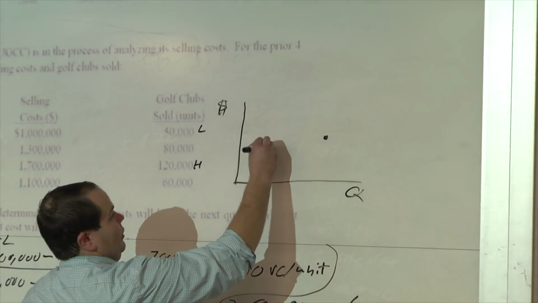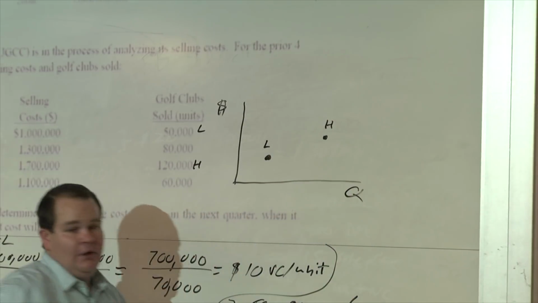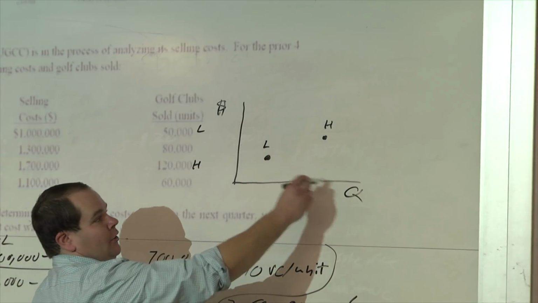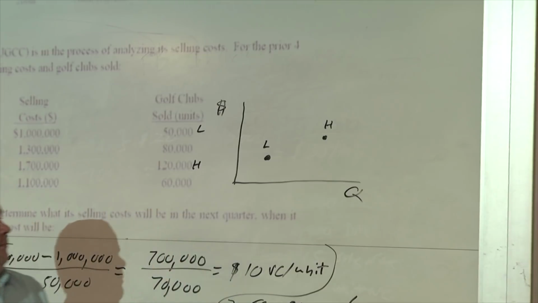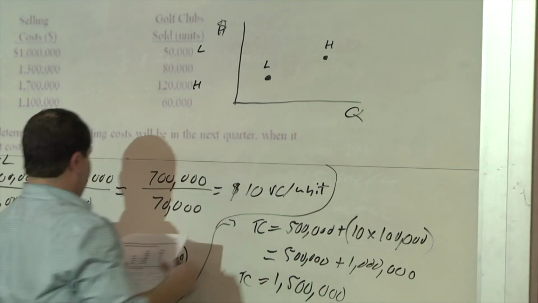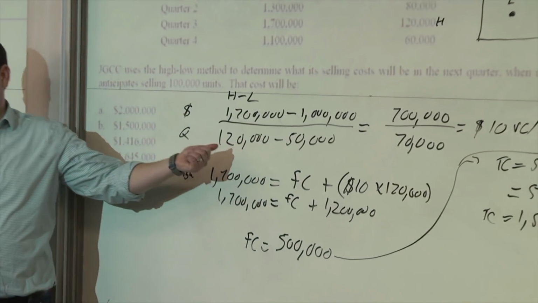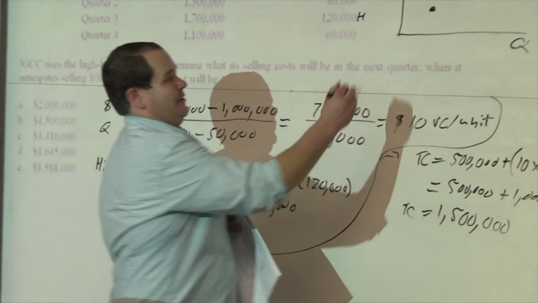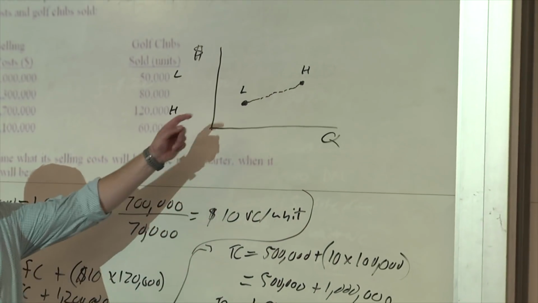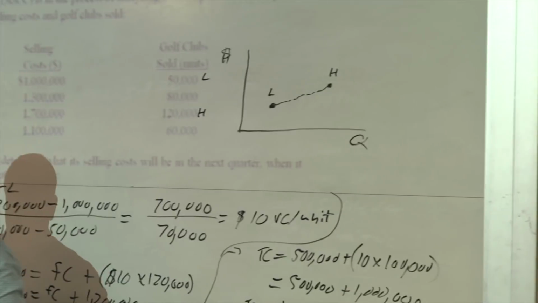Your low scenario and your high scenario. And now you want to project how much it's going to cost to be maybe somewhere in here or somewhere out there. And by doing this, when we solve for this $10 variable cost, this is just like doing a slope, like in math class, right? So we solve for the slope, and we get $10 in variable cost per unit.